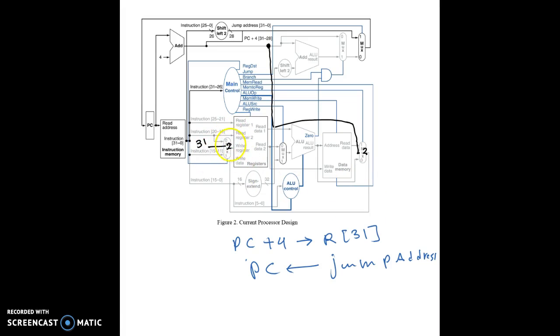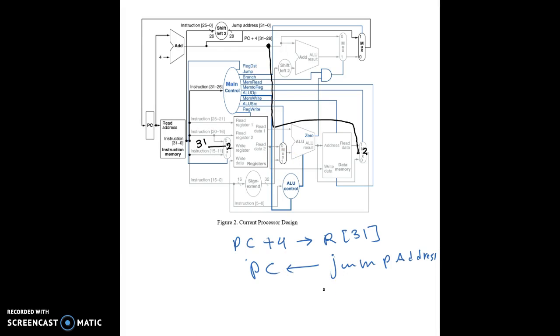That way, this mux can select between RS or RT or RD or 31.